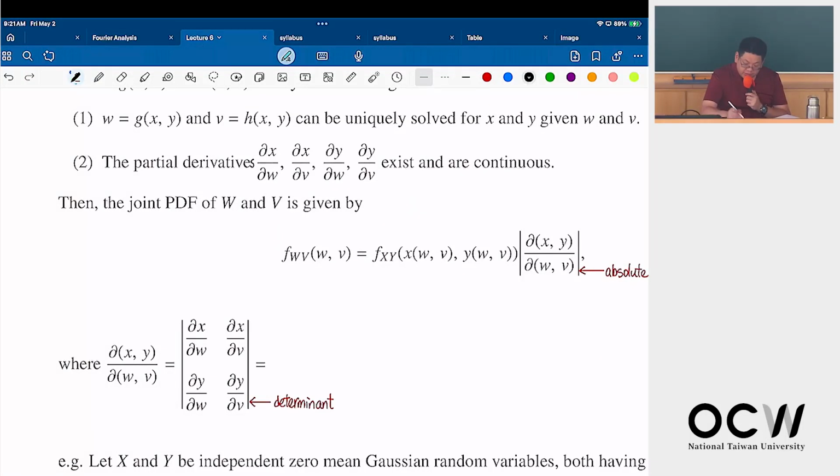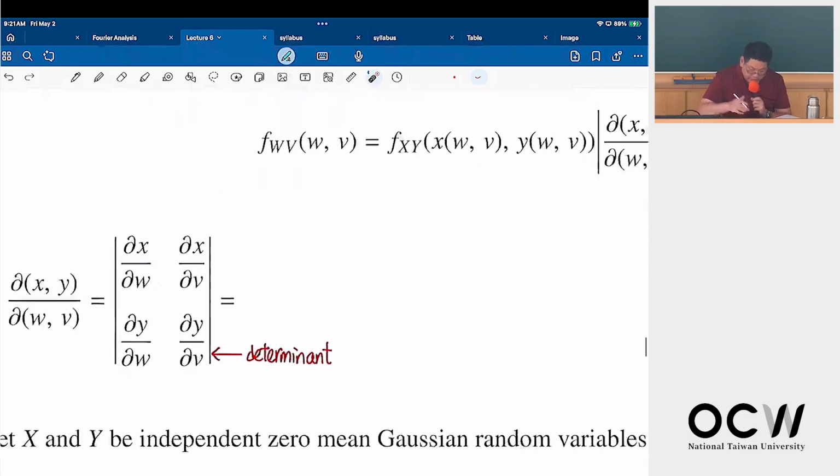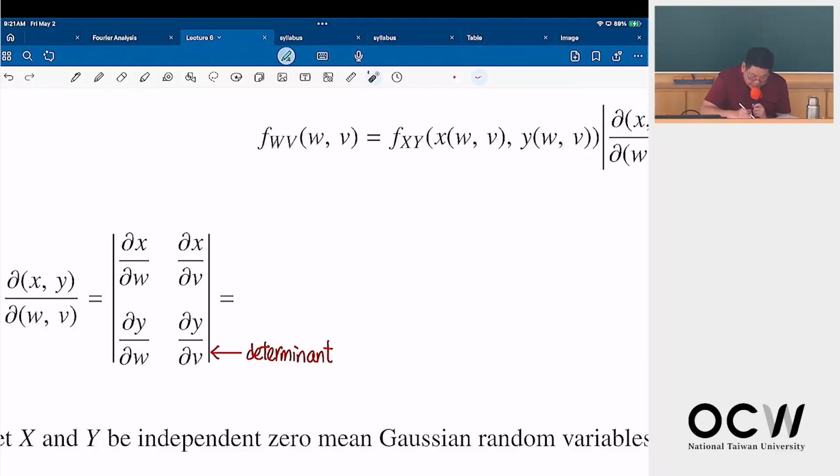How do we find the determinant? Here the Jacobian has, in the first row, partial x over partial w and partial x over partial v. Second row, partial y over partial w and partial y over partial v.